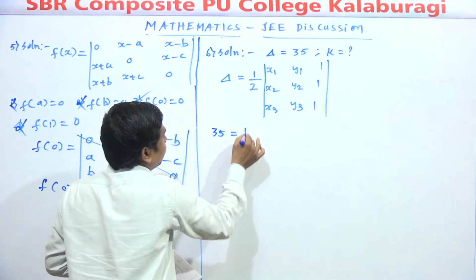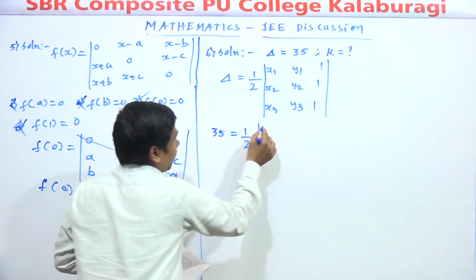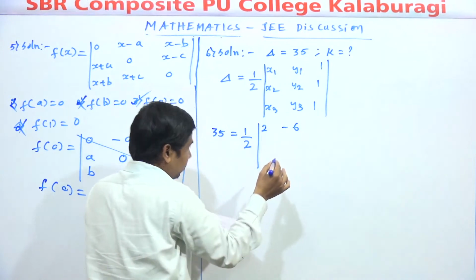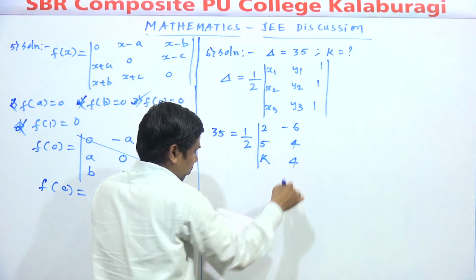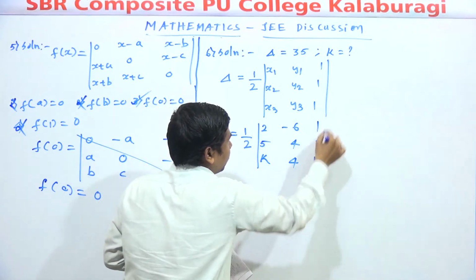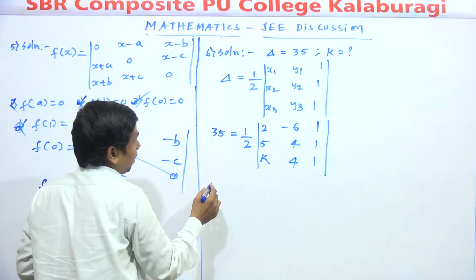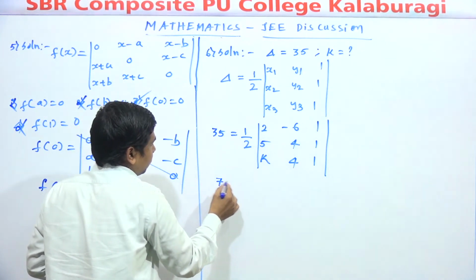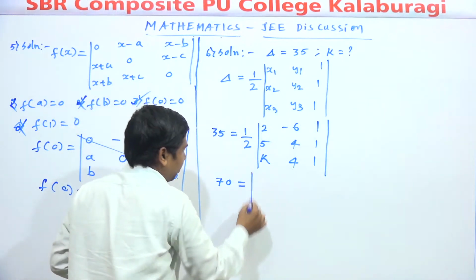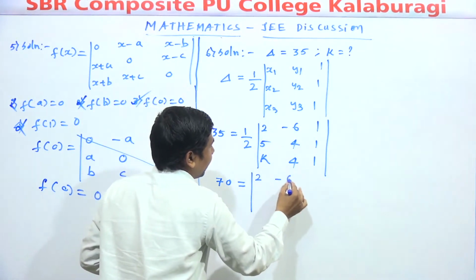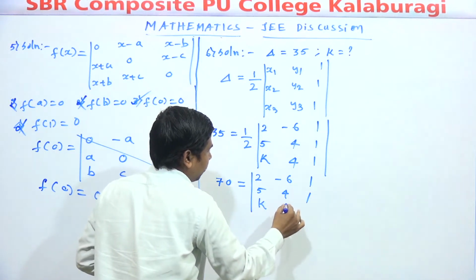So let us replace delta with 35. 35 is equal to 1 by 2 times the determinant with rows 2 minus 6 1, 5 4 1, k 4 1. So 70 is equal to the determinant of this matrix.